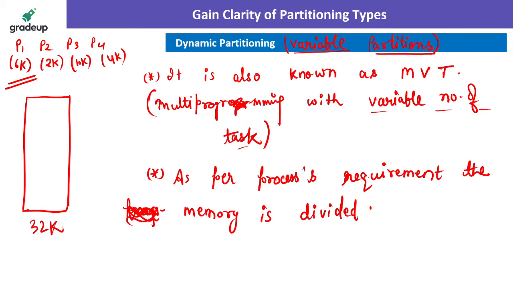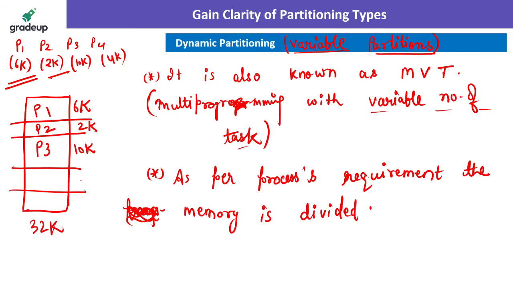First, P1 is 6K, so memory is divided into 6K, and P1 will be allocated here. P2 requires only 2K, so P2 will stay in the second. P3 will remain here, it is 10K, and again 4K for P4.